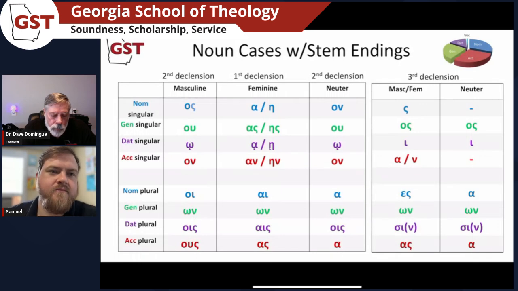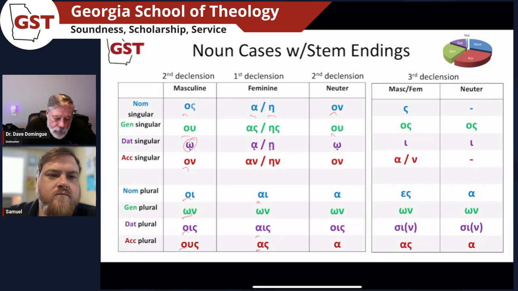So with the stem endings, there's our omicron for second declension. This is the lengthened omicron, second declension. There's our alpha, eta, same thing. Here in the plural, we're going to see the alpha, not the eta.